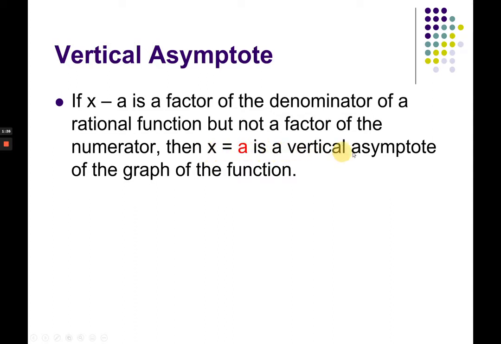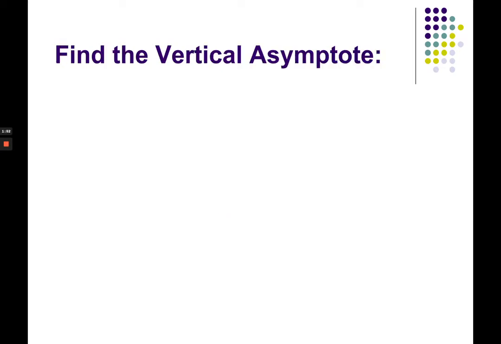It is the imaginary vertical line which the curve seems to approach as it extends to infinity. The location is the value a on the x-axis, the intersection of the vertical line. Now, let's have an example.